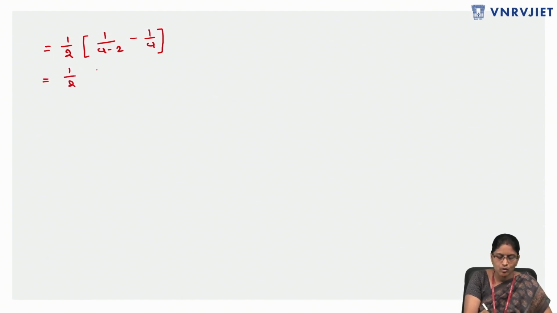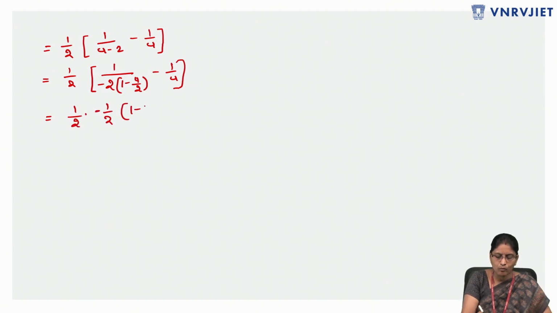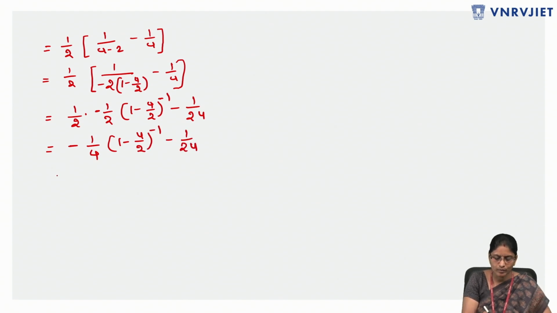That equals 1 by 2 into, take minus 2 common, minus 2 of 1 minus u by 2, minus 1 by u. That equals minus 1 by 4 into 1 minus u by 2 whole inverse minus 1 by 2u.